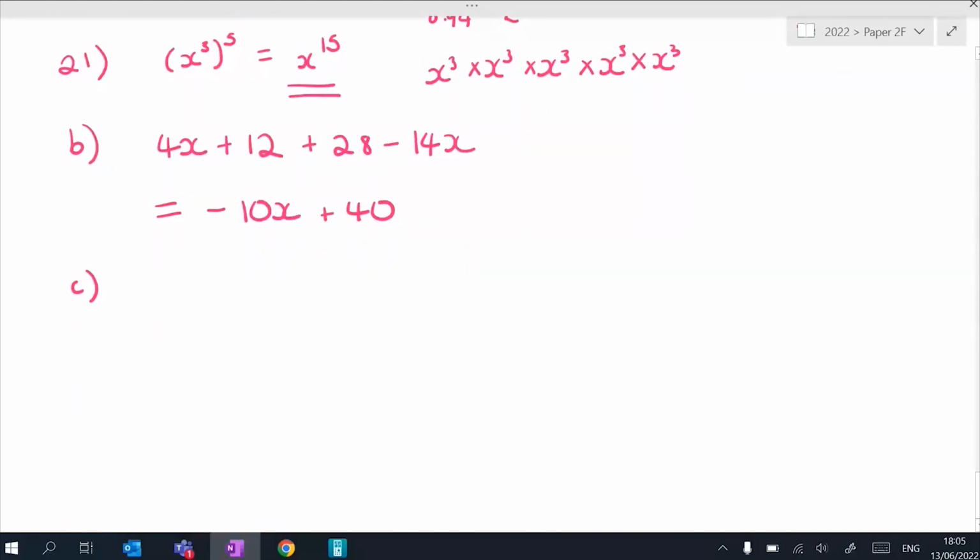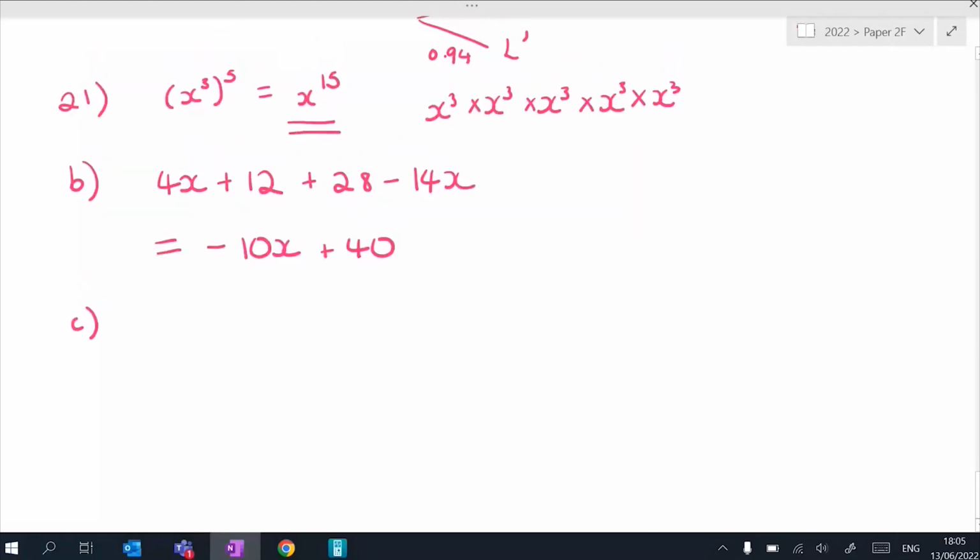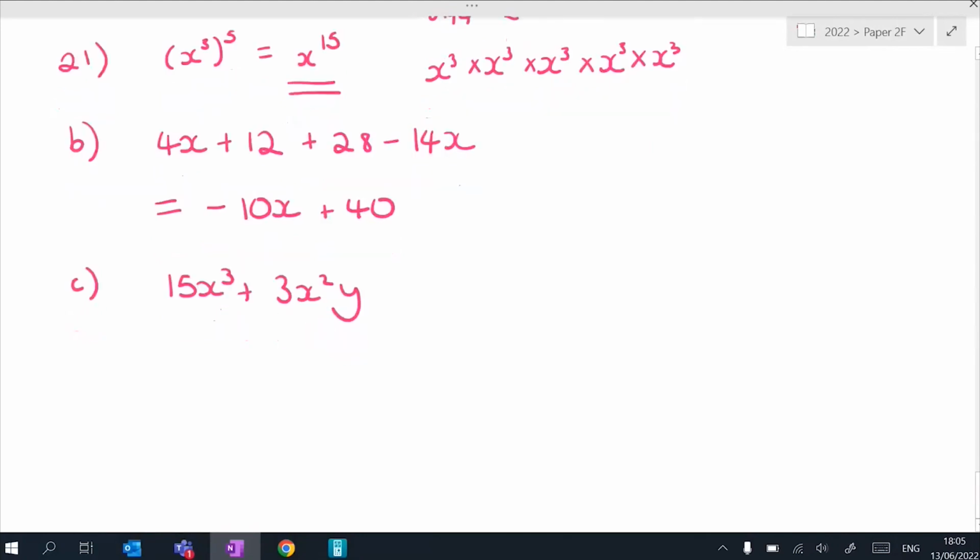Part C, whenever it says factorise fully in a question, the fully should indicate to you that there is more than one factor that you can take out. So look separately at the numbers, look at the x's, look at the y's. If we look at the numbers, 15 and 3 have both got a factor of 3 in them. X cubed and x squared both have a factor of x squared in them.